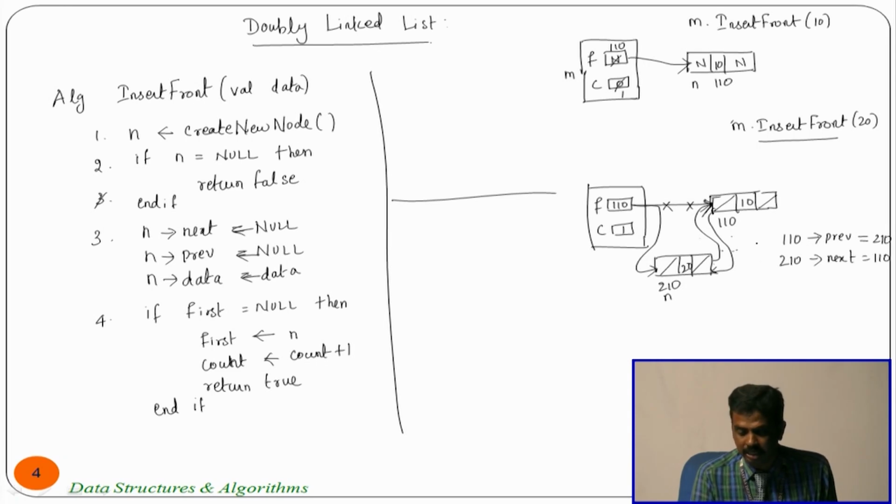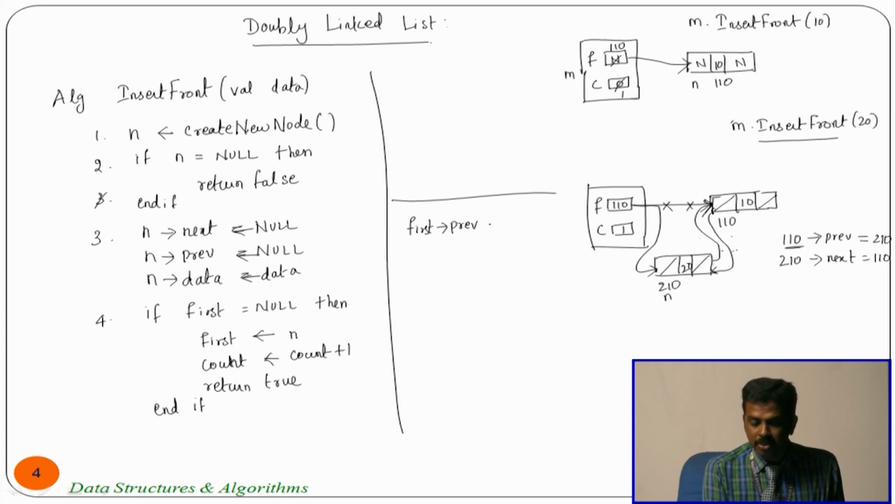Like that I have to assign. This is the first link creation. So 110's previous, how can we get this information 110? We just told 110 is nothing but the existing first node. So I have to write the existing first node, first of the previous, is equal to 210.